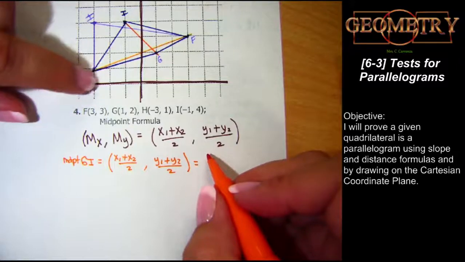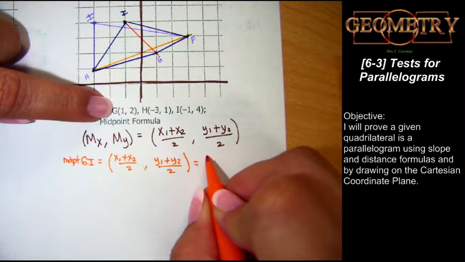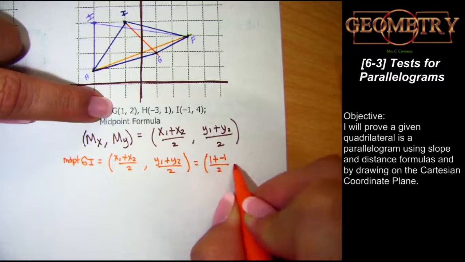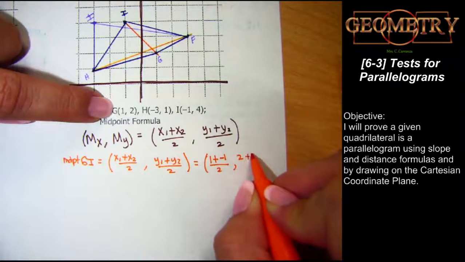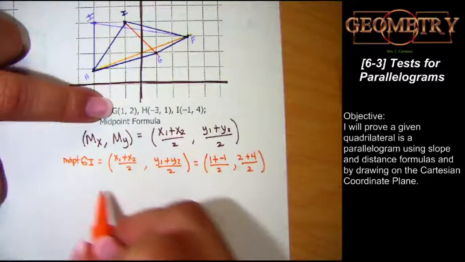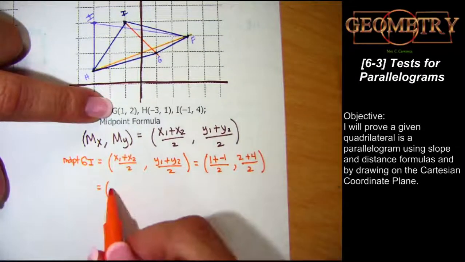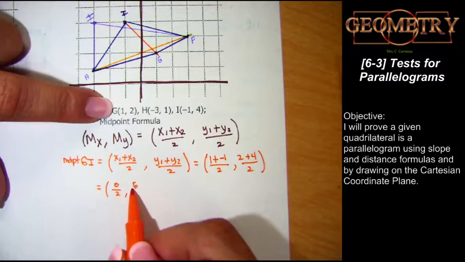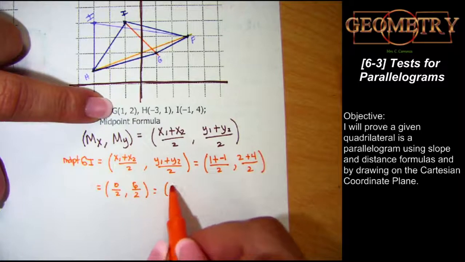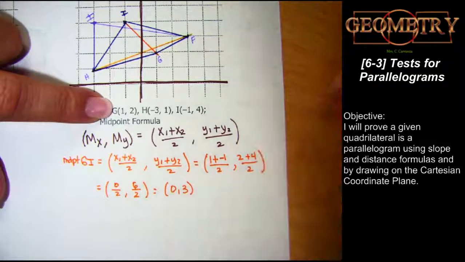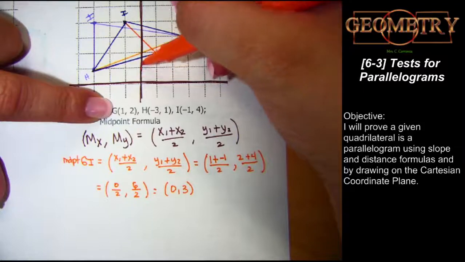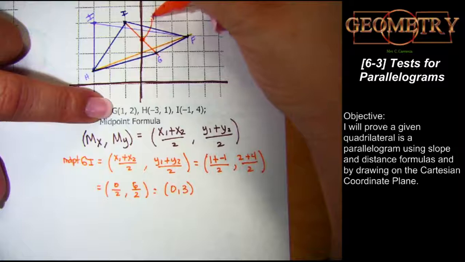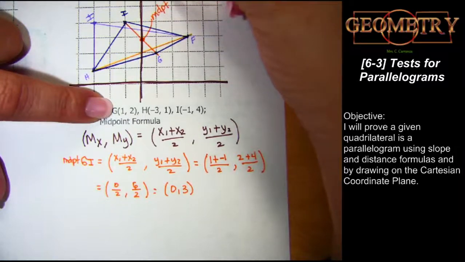And so here are the x's. And here are the y's. And so the midpoint of GI is sitting on 0, 3. This is the midpoint of GI.